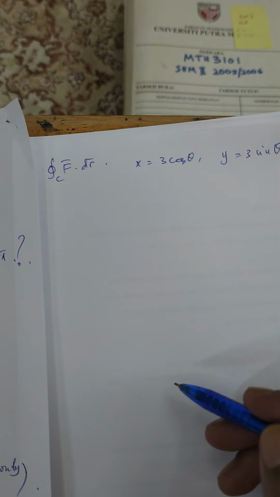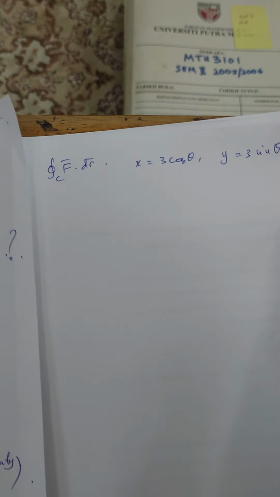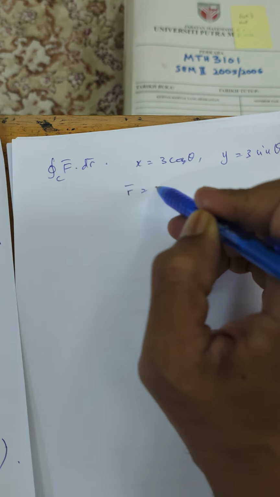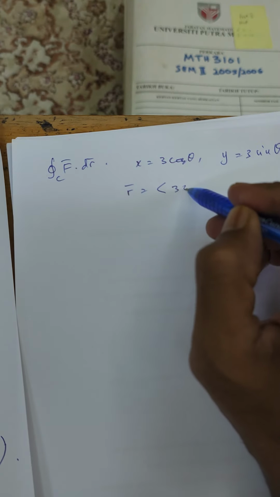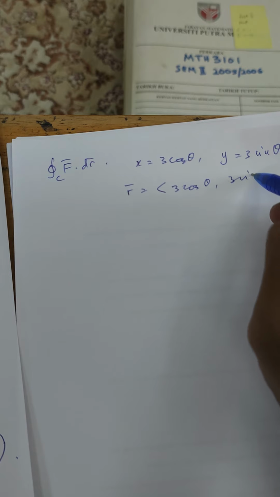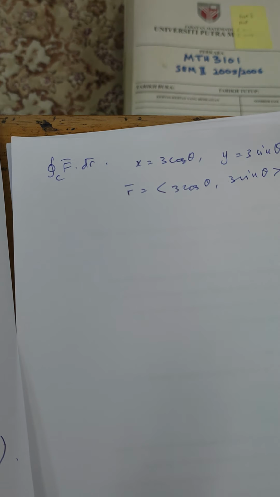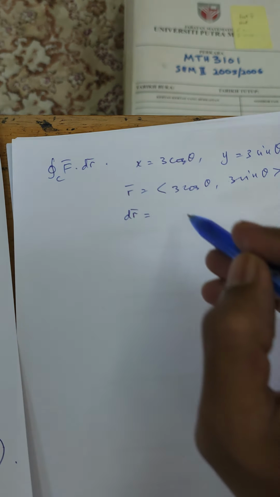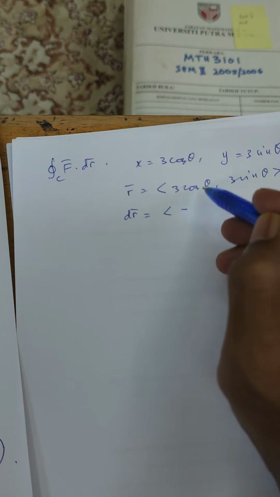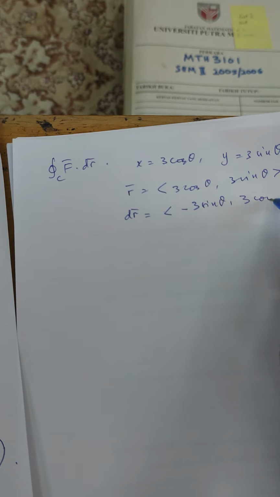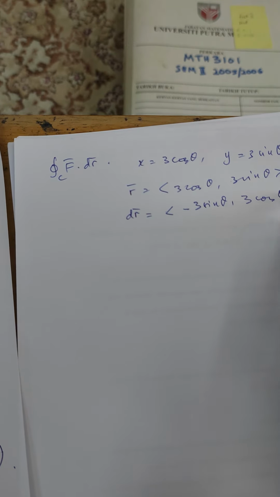Then your r is given by x and y, so we have 3 cos theta and 3 sin theta. Then you can find dr. Your dr is minus 3 sin theta and 3 cos theta d theta.